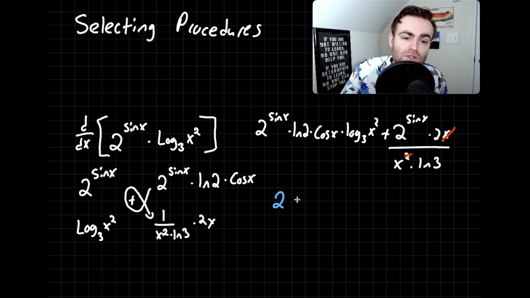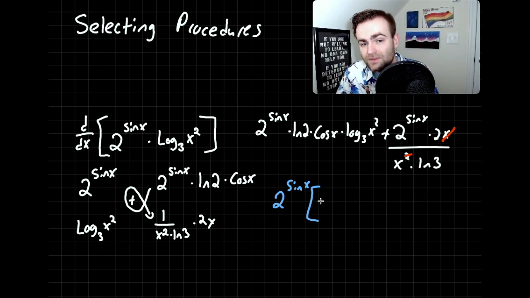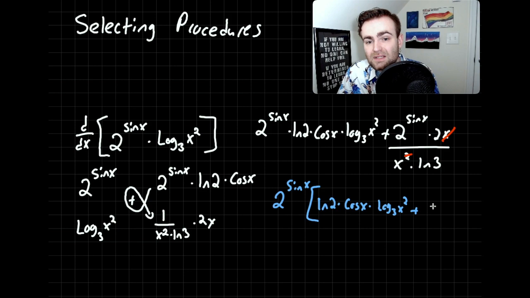So that'll give us 2 to the power of sine x times, and then we can have all of this. So it'll be natural log of 2 times the cosine of x times the log base 3 of x squared plus 2 over x ln 3.